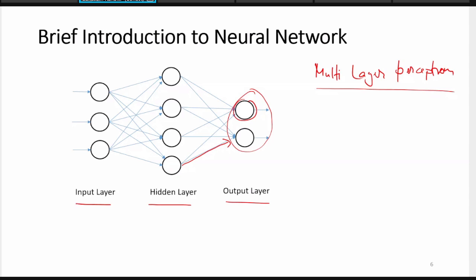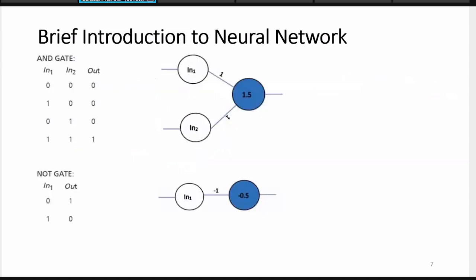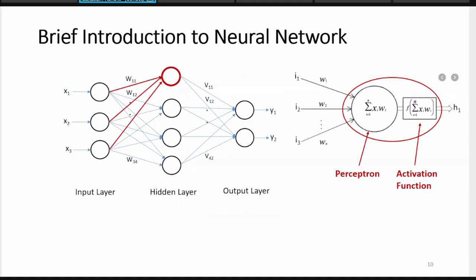There are 2 things: the connections and the circles. These circles are the basic computational units, which consist of 2 components inside. If you zoom into any of these circles, there are 2 parts.